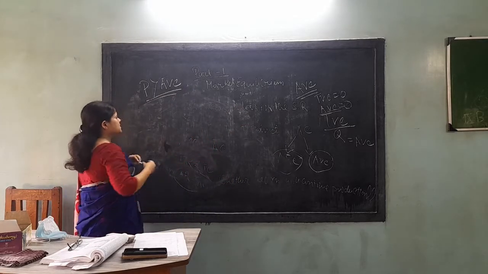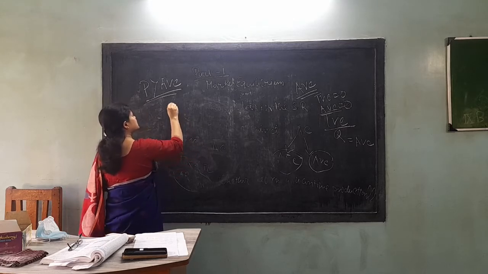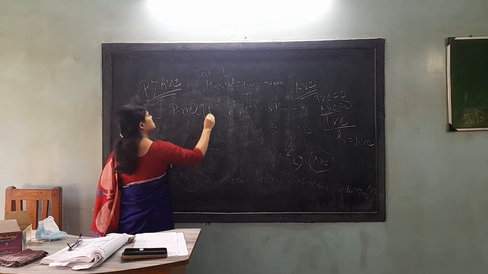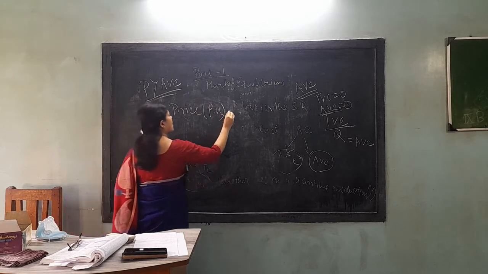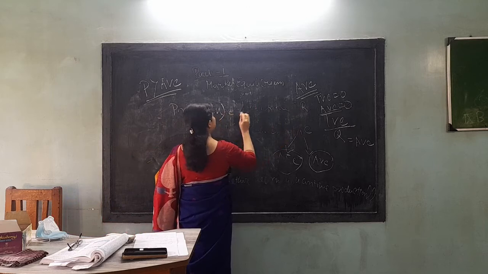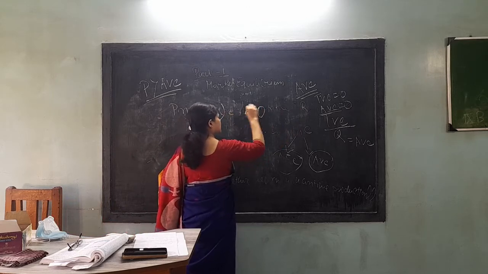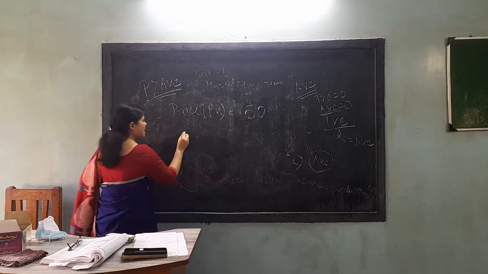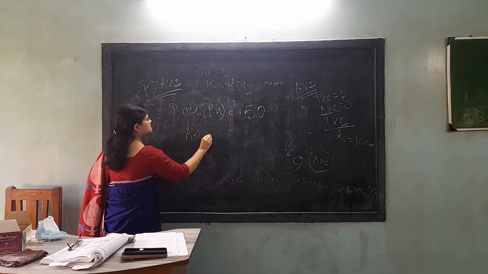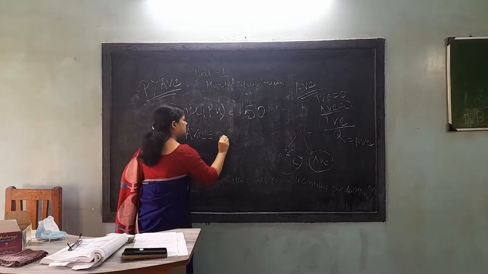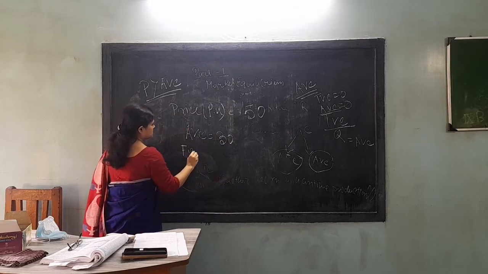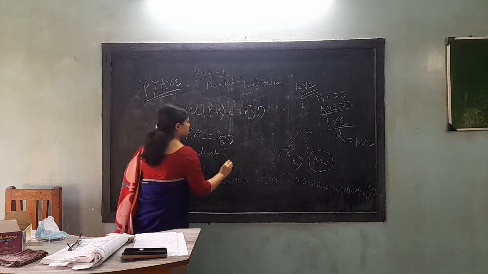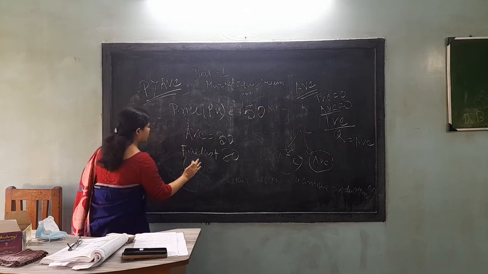Suppose the price per unit of a product is 50. Now the firm's average variable cost is 30. The total fixed cost is 60, not average fixed cost.